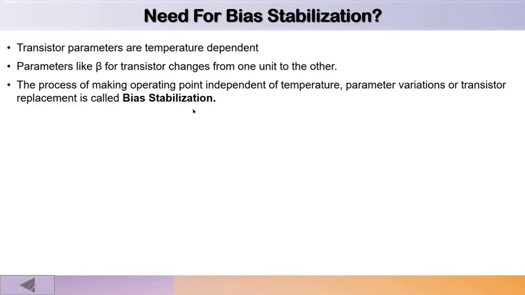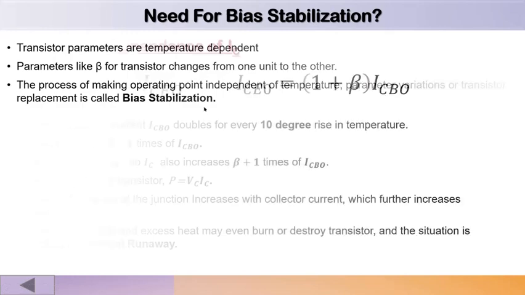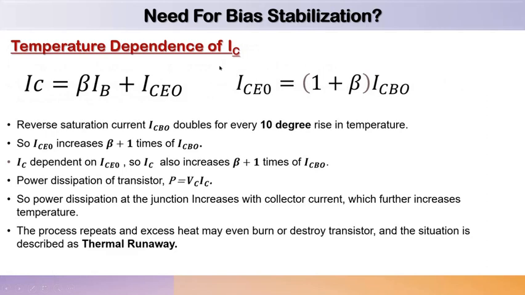So we have already discussed the temperature dependence of the collector current IC. We know that the collector current IC will increase drastically if the reverse saturation current ICBO increases. That is, for every 10-degree rise in temperature, the reverse saturation current ICBO will double.